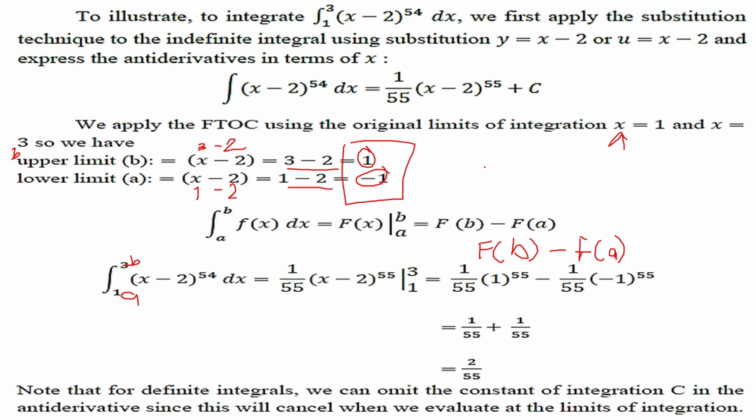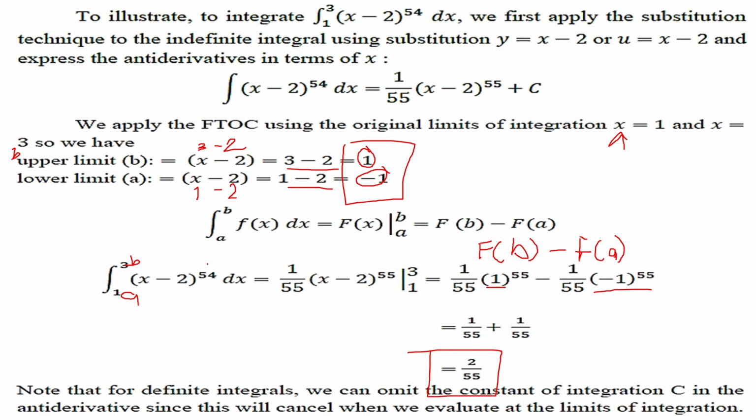As you can see here, we already use 1 and negative 1: 1 over 55 times 1 raised to 55, minus 1 over 55 times negative 1 raised to 55. So therefore, 1 over 55 plus 1 over 55 is 2 over 55. We already use here the FTOC, wherein we already solved the upper limit b and the lower limit a.